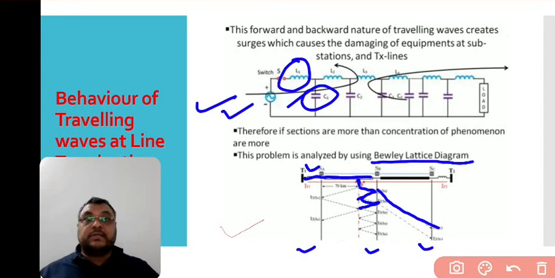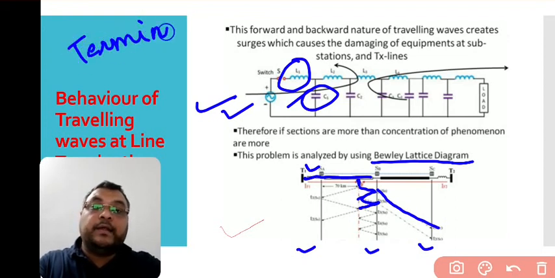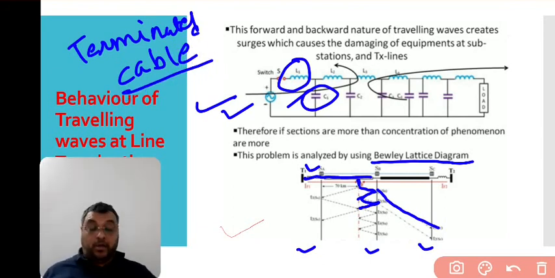I will give you one example. In every substation, the transmission line is terminated through a cable. This is a very important point: it is terminated through the cable, to reduce or minimize the effect of the traveling waves.